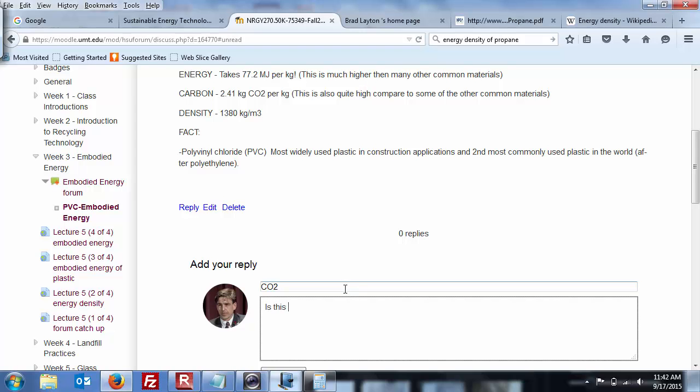Is this a result of the process of manufacturing PVC, or simply a result of the... let's see, let's write it this way.